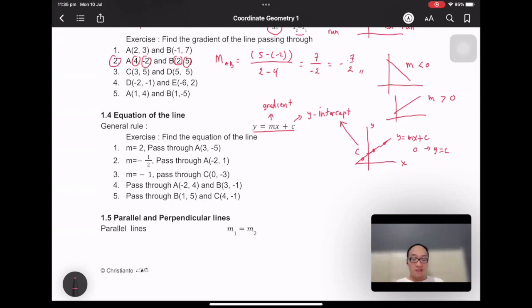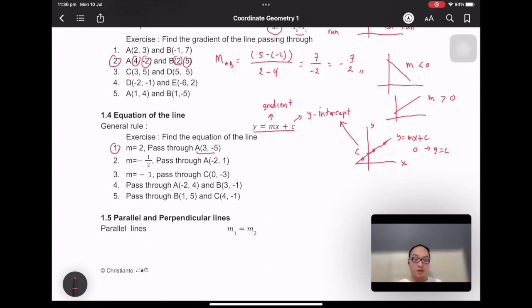That means we can use any point that the line passes through to find c. For example, number 1: find the equation of the line with m equals 2 that passes through point A (3, -5).